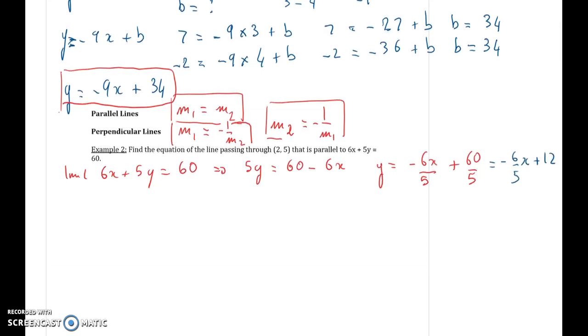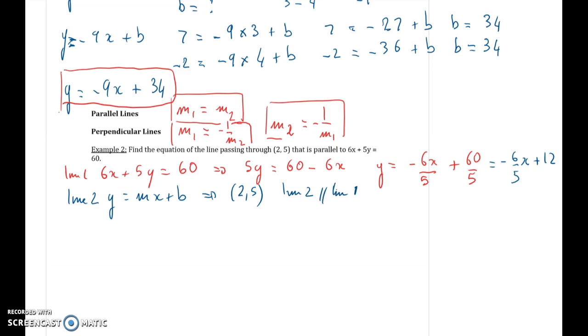I know that I have another line, number 2, which I don't know yet, y equals mx plus b, but I know that this line is going through the point 2, 5, and I know that line number 2 is parallel to line number 1.